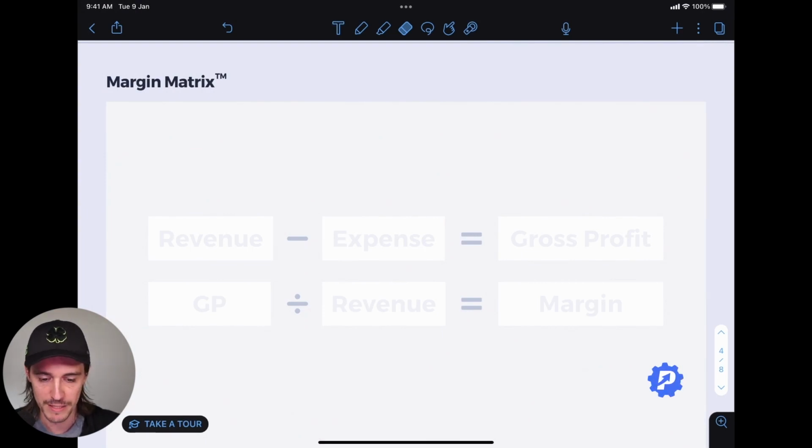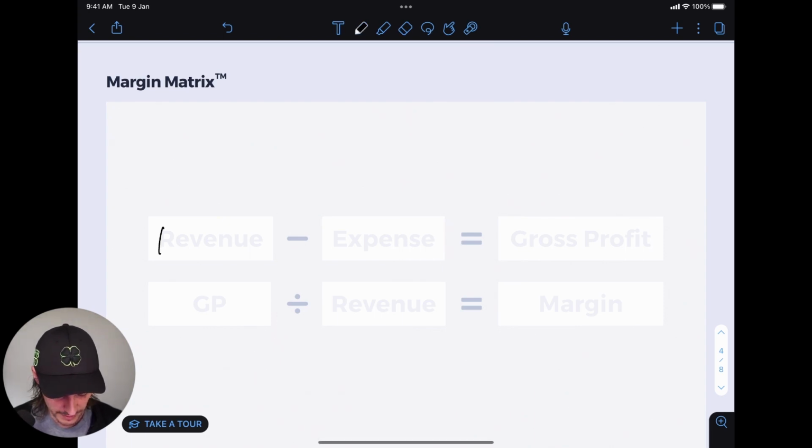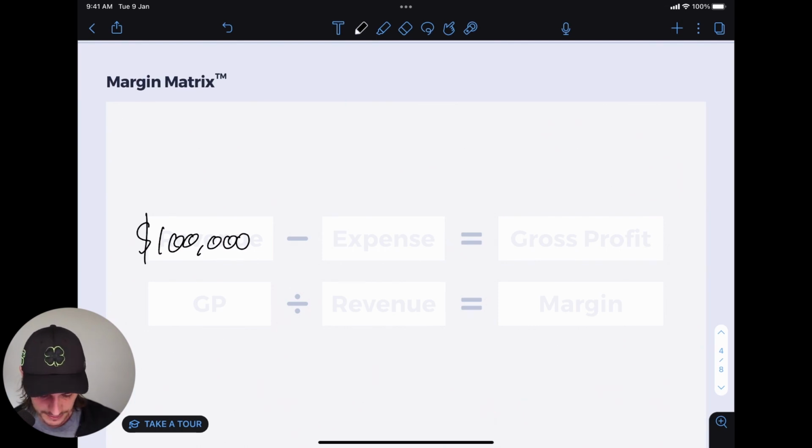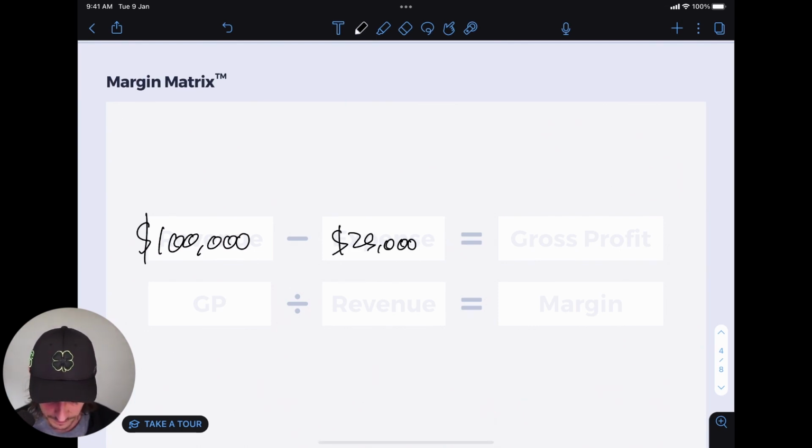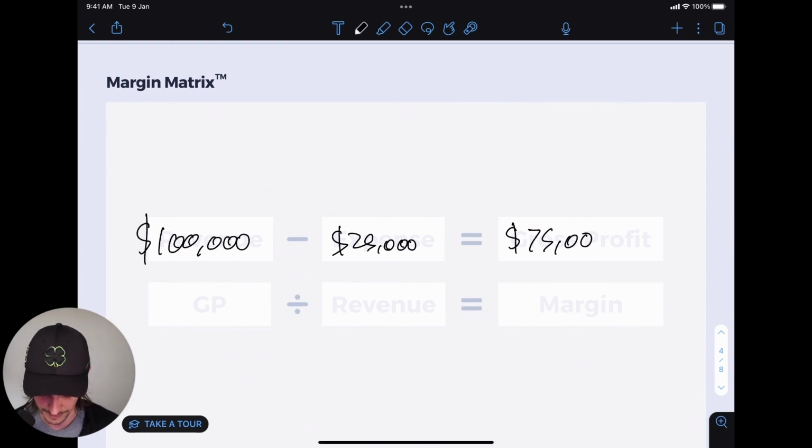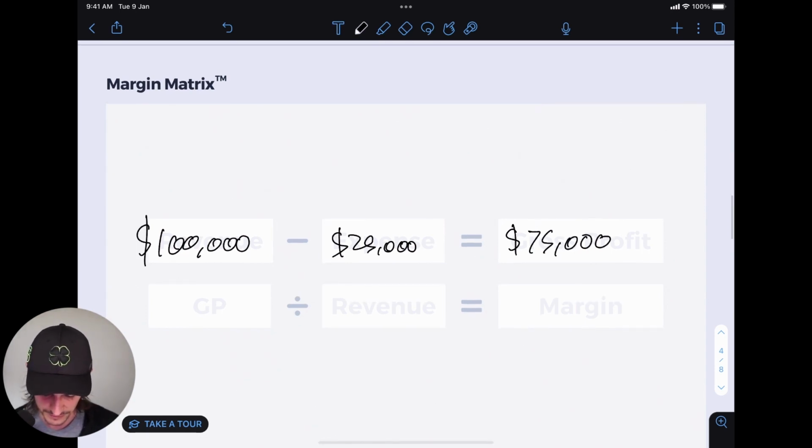So with the margin matrix, all we're doing here is we're taking revenue, which in this case, I'm going to put 100,000, minus our expenses, which in this case, I'm going to put 25,000, equals our gross profit. Gross profit doesn't factor in tax and things like that, right? 75,000.